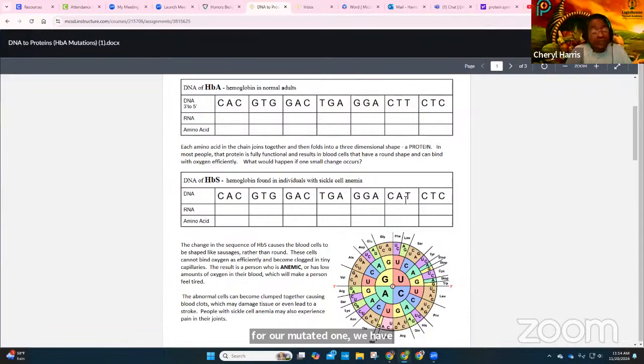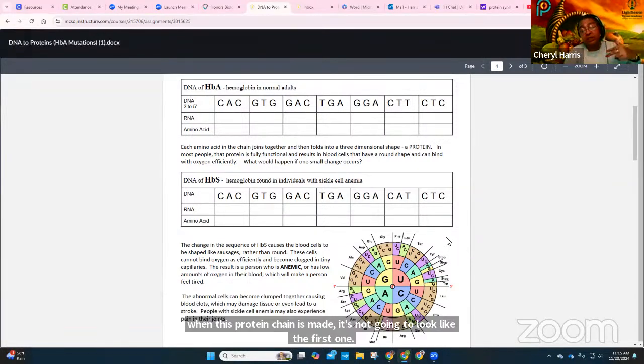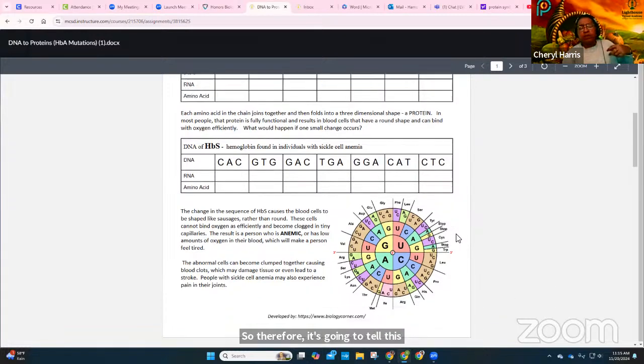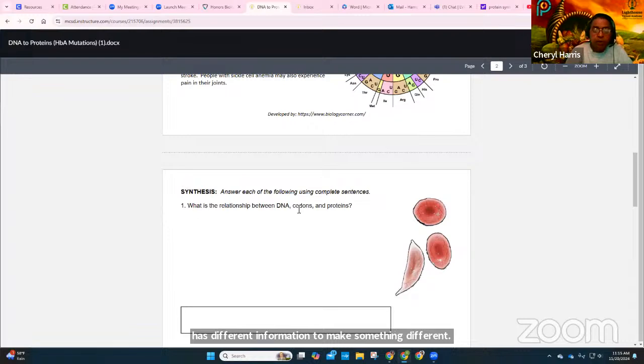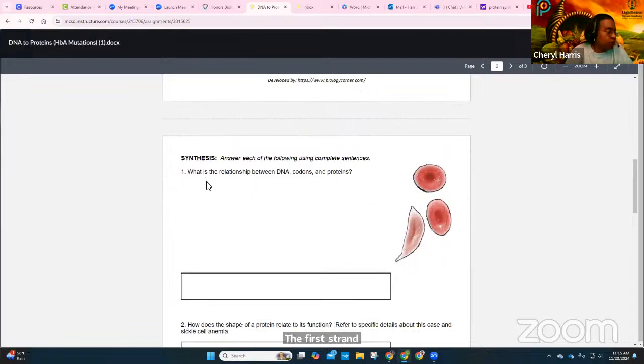So CAT is going to code for a different amino acid. When this protein chain is made, it's not going to look like the first one. It's going to create a different structure because it has different information to make something different. This relates to the question I was referring to earlier: what is the relationship between DNA, codons, and protein?